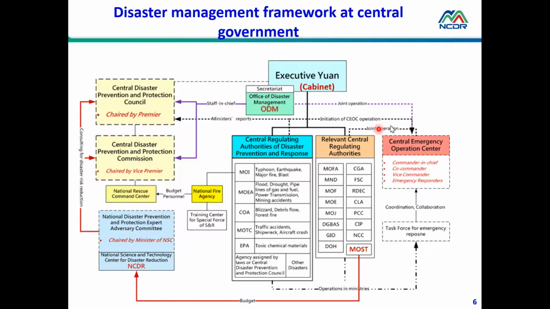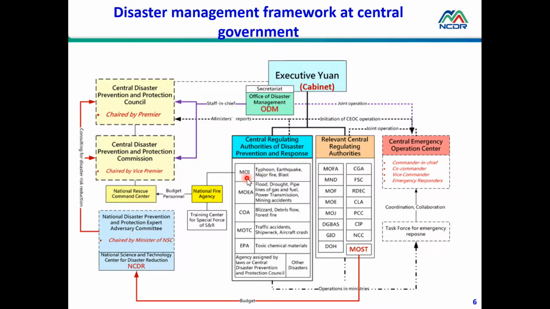In case of emergency, we will operate the Central Emergency Operation Center for typhoon or for earthquake. So most government agencies will join the operation immediately. In Taiwan, we also have a very unique design. We call it the Central Regulating Authority of Disaster Prevention and Response.